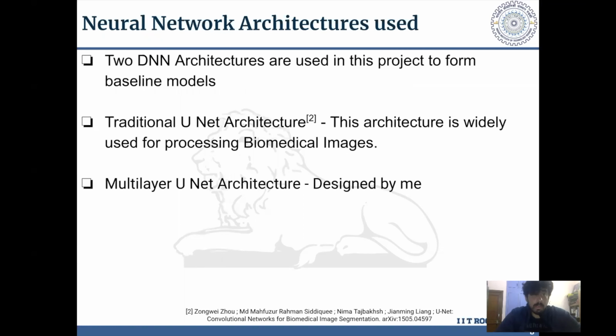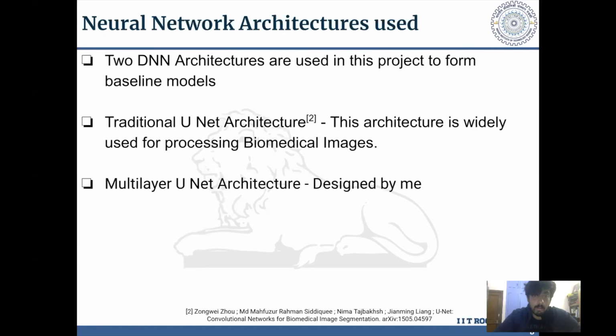All right, moving on to the neural network architectures that were used. There were two DNNs specifically which we used for this project. One being the traditional U-Net architecture, which is a famous architecture that is used widely in the biomedical image industry. And the second architecture that I have used is the multi-layer U-Net architecture, which was specifically designed by me, inspired from the U-Net itself, for this particular project.